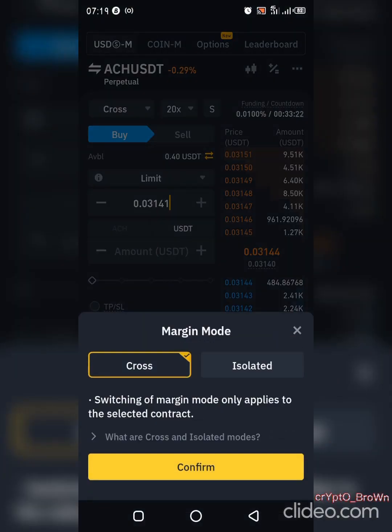But in the isolated margin mode, the cost that you use to enter the market, when it is losing, it will be based on the margin and it will not be shared across your assets. So that's how the cross and isolated work. You can do your own research and gain more knowledge about it.